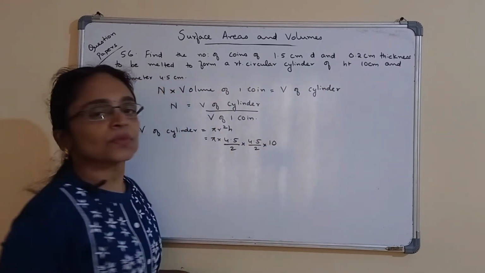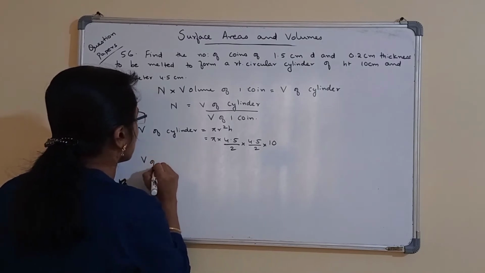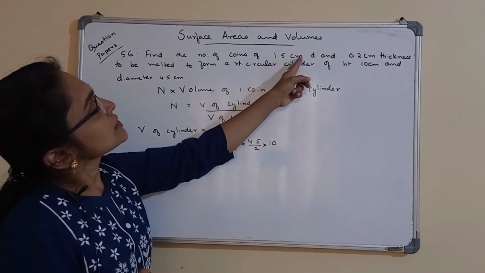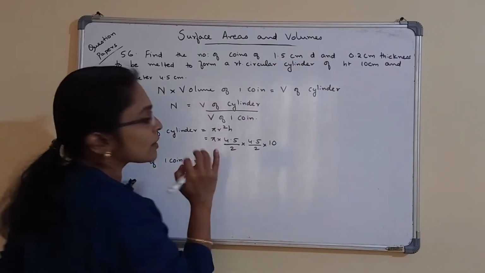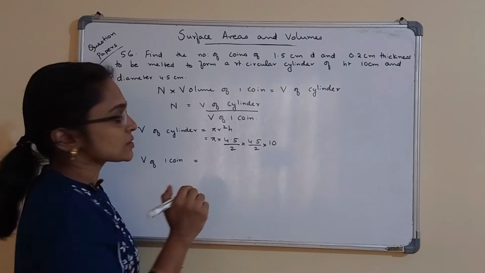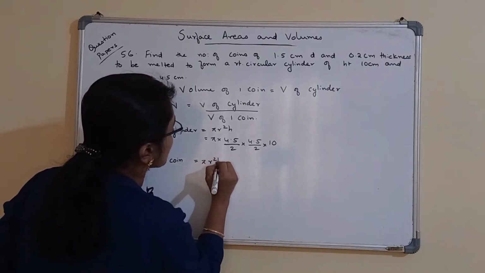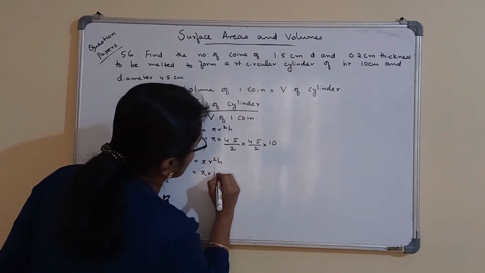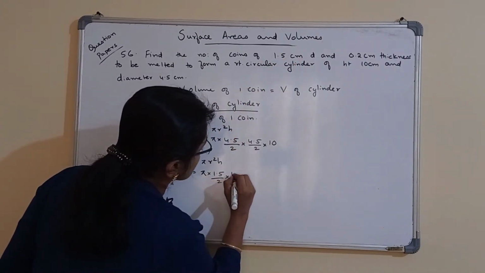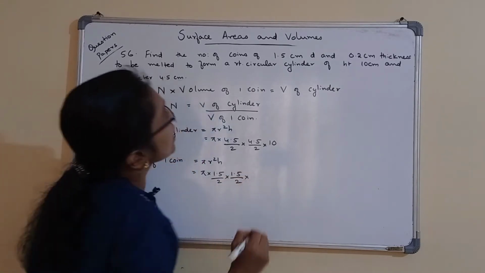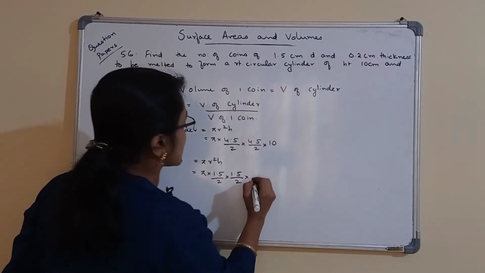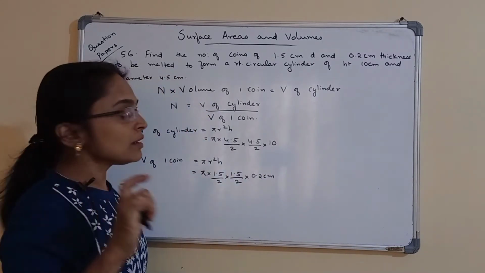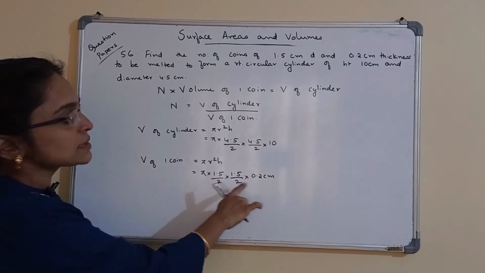Now, the volume of one coin: the coin is in the shape of a cylinder, so it is also pi r square h, which is equal to pi into 1.5 by 2 into 1.5 by 2, into height 0.2 centimeter. That is, the thickness will be the height of the coin, right? So volume of one coin is this much.